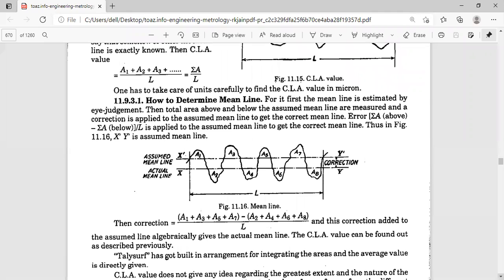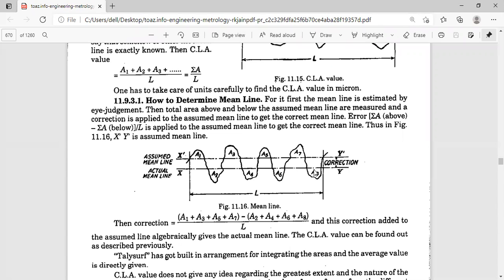Some of the things you may overlook, but here you just see the sum of the areas above, A1, A3, A5, A7, minus the sum of the areas below, A2, A4, A6, A8.